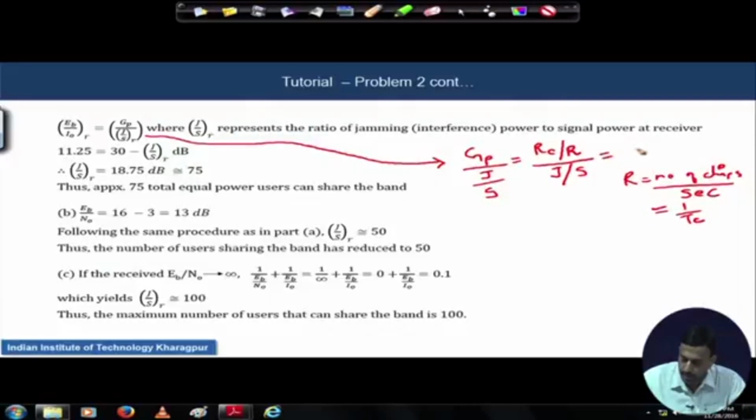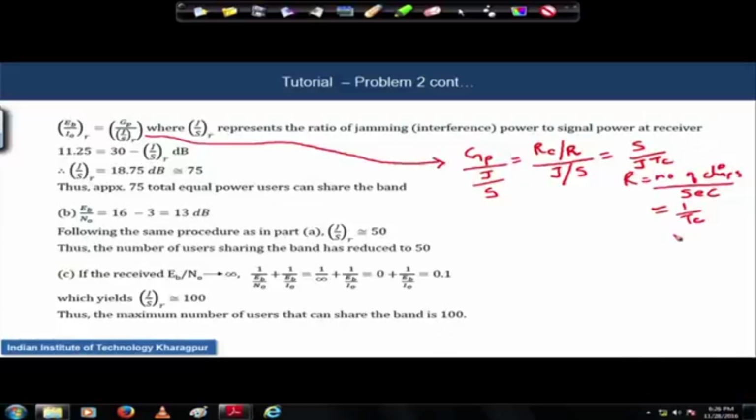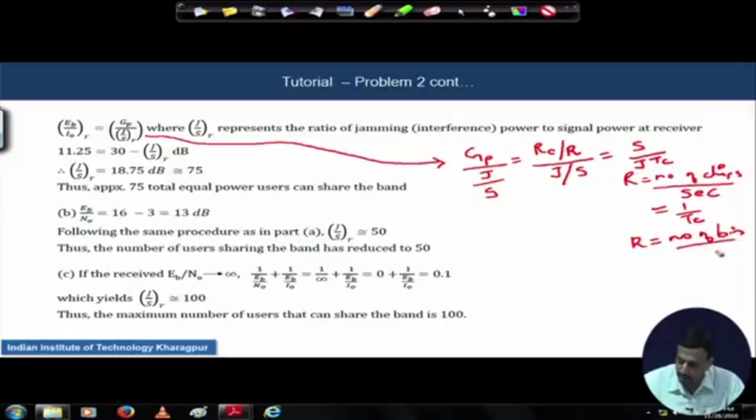So in the numerator what we get over here is signal power. This is jammer power into Tc, and R, which is nothing but number of bits of the original signal per second. So per bit, it is 1 by Tb. So this becomes S into Tb.